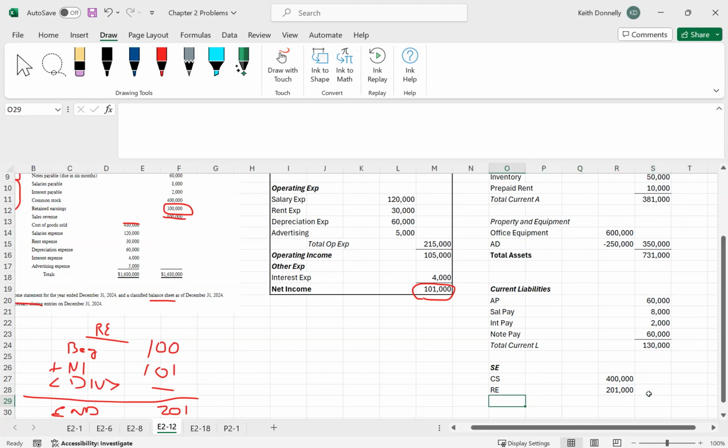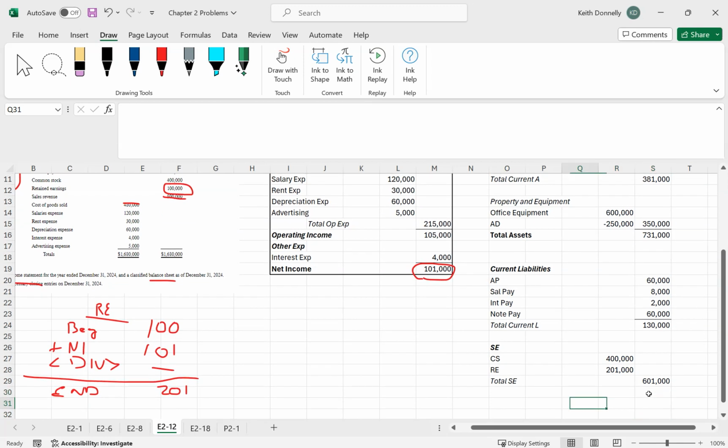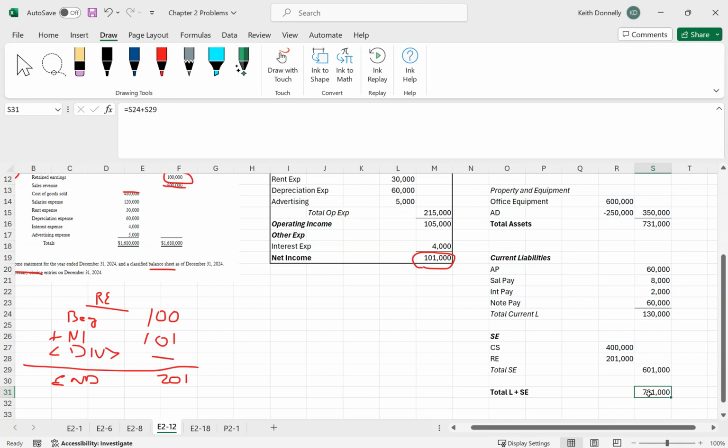So when we have those two items, we can have our total stockholders' equity of the 400 plus the 201, and accordingly, our total liabilities plus stockholders' equity is going to be the 130 plus the 601. We're at 731.